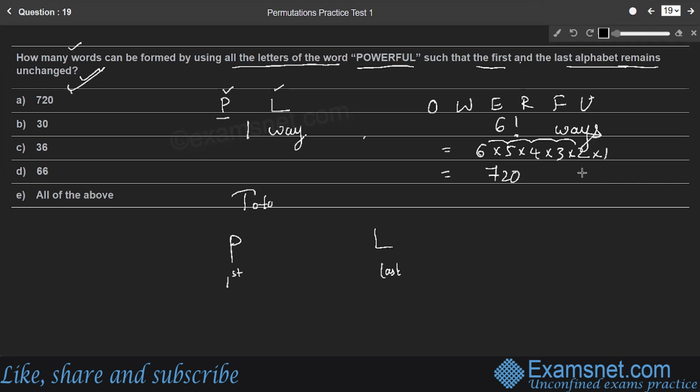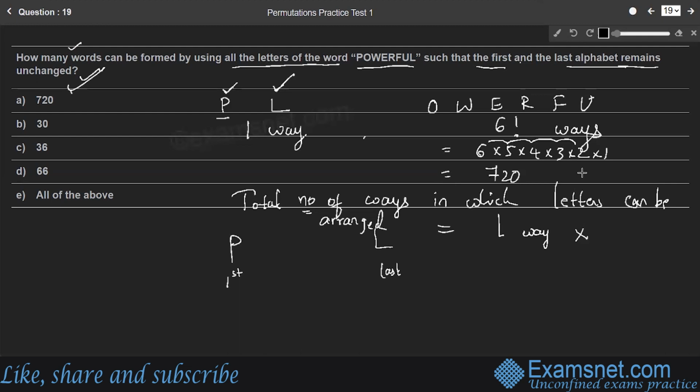Therefore, the total number of ways in which the given letters can be arranged is equal to the number of ways in which the first and last letters are arranged, only one way, into the number of times, 720 times, the remaining 6 letters can be arranged.